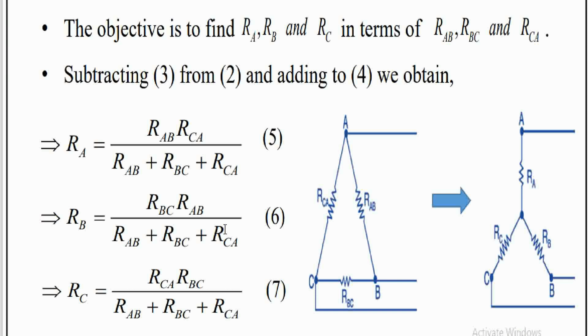That is what we are going to do: transform star to delta in the next class. That's why I am just giving an intimation. Like in RA, a single term is repeated 2 times. RAB is repeated 2 times, RCA is repeated 2 times and the non-repeated term is RBC. We are going to focus on this RBC in the next video.